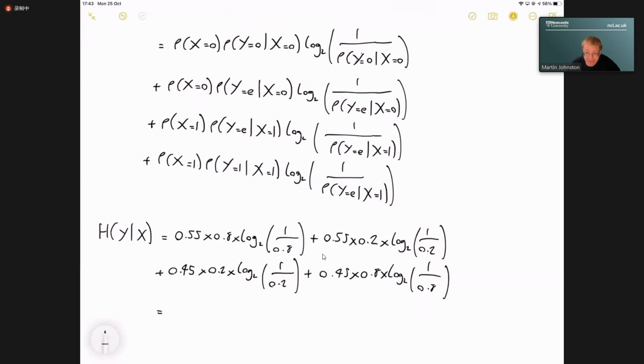If we add them all together, we get the answer 0.7219 bits per symbol. Okay, so exactly the same method, just the probabilities are different, but the same method. So we've got these 4 values now.